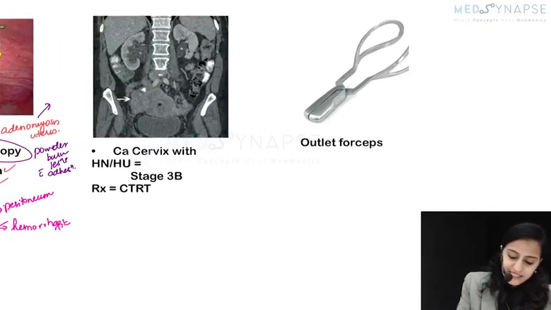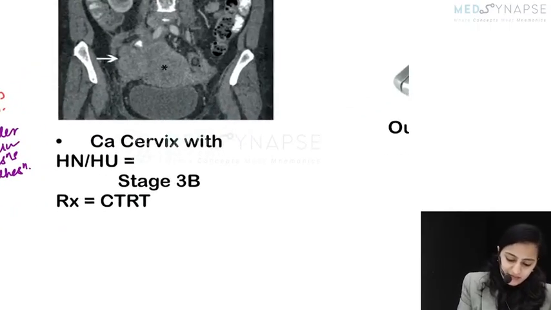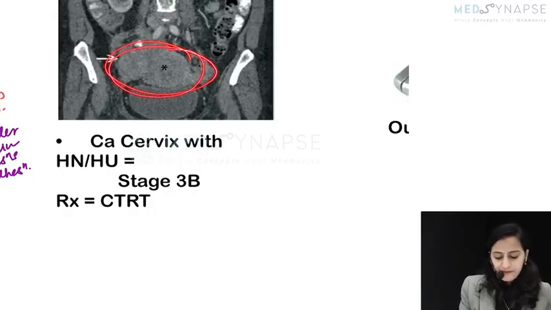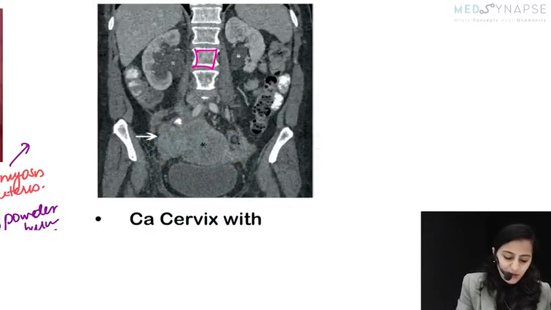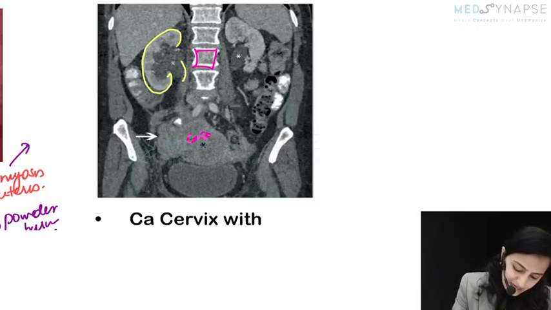This is a CT. In the CT, there is some mass which is here. The thing that I want you to remember here is, if in a patient of CA cervix, you are seeing this, what is this? This is kidney. क्या दिख रहा है ये kidney में? Dilated.